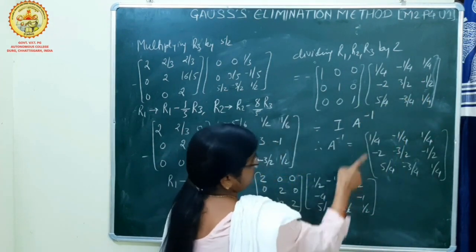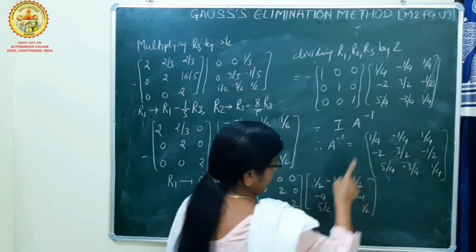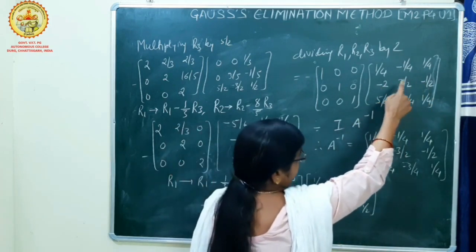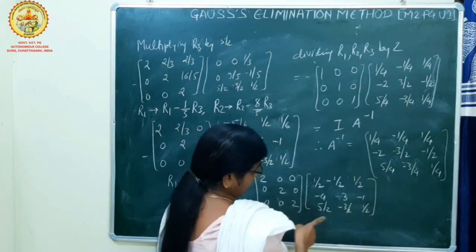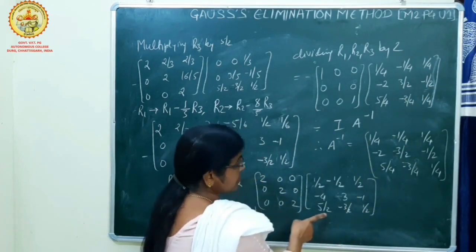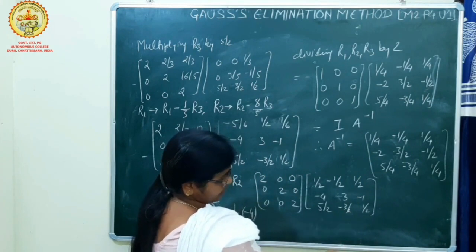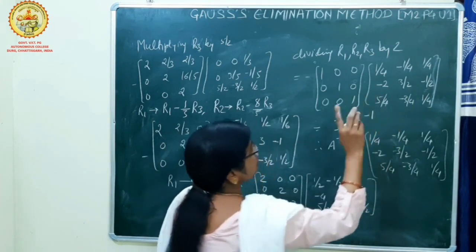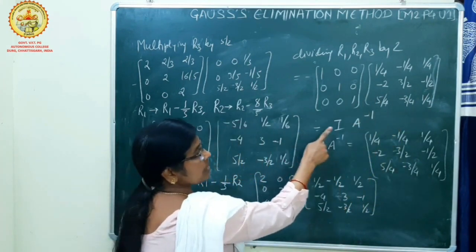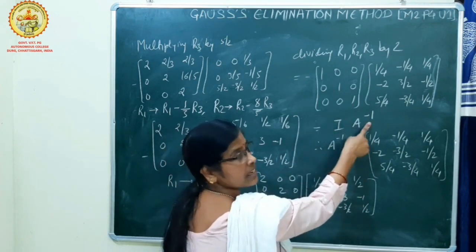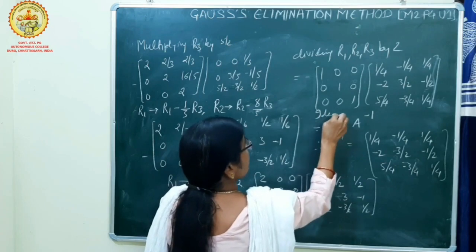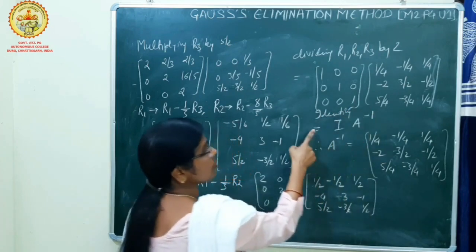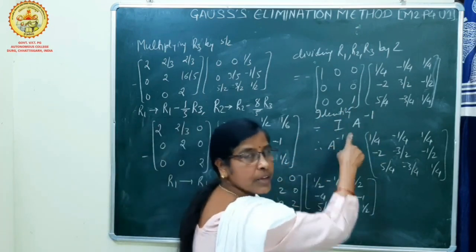Next step, divided by 2, minus 4, 3 by 4, 3 means 3 by 2, minus 1 by 2, and third is divided by 2 means 5 by 4, minus 3 by 4 and 1 by 4. So this becomes I, this is I and it is the inverse. So A inverse, this is identity. So A equal to I into A inverse.